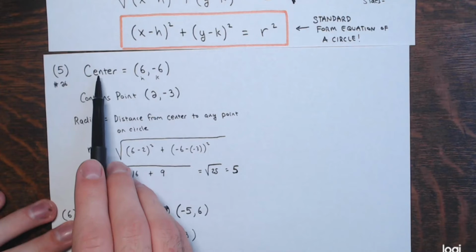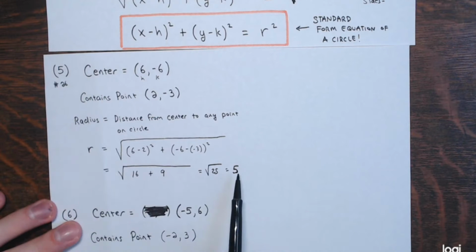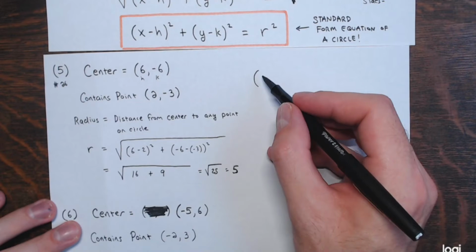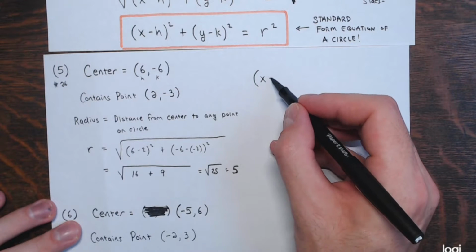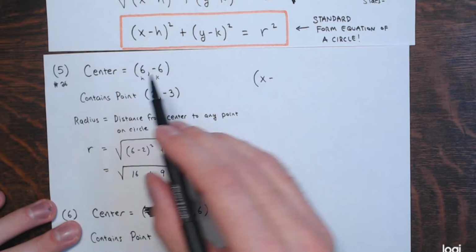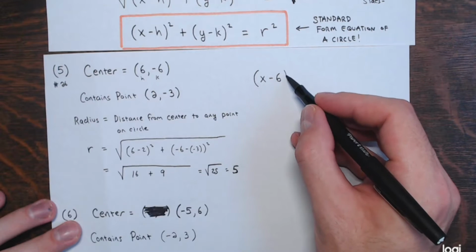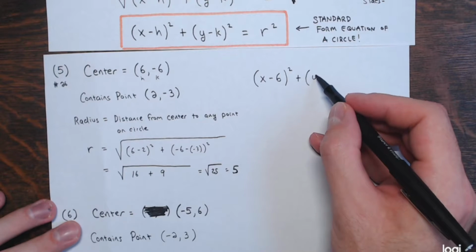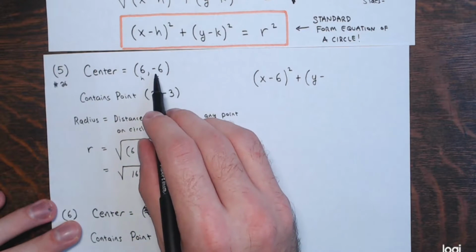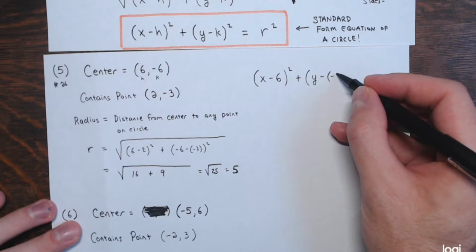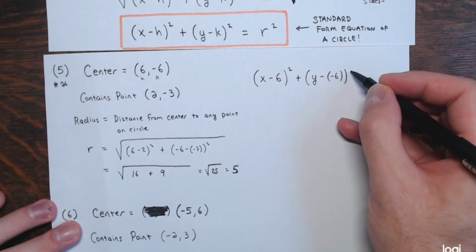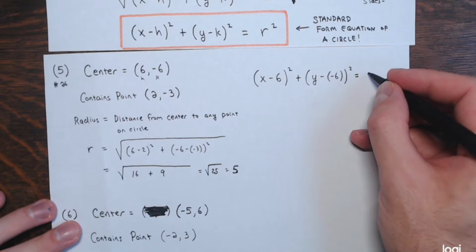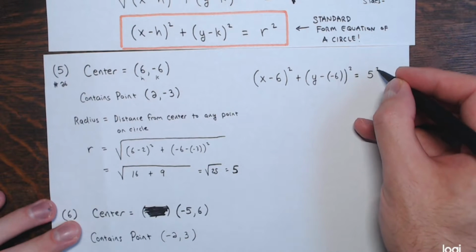Once you have the center and the radius, you can write the equation of the circle. So remember, it's the quantity x minus the x-coordinate of the center, x minus 6 squared, plus y minus the y-coordinate of the center, y minus negative 6 squared, equals the radius we now know is 5 squared.